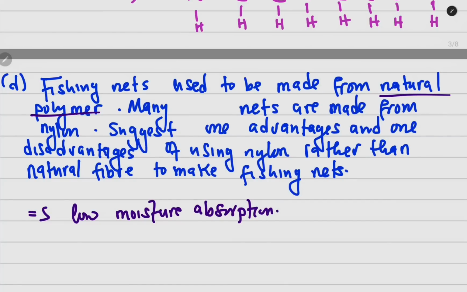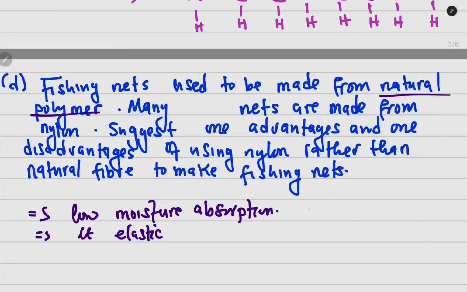So it doesn't absorb a lot of moisture. Then also we can say nylon is elastic. You see what happens when they catch a lot of fish, so it becomes elastic, of course preventing maybe bursting. Then we can talk also of strength. It is strong. Nylon is made up of fibers that are very strong, so we can also put that.